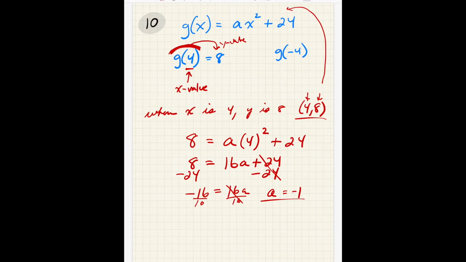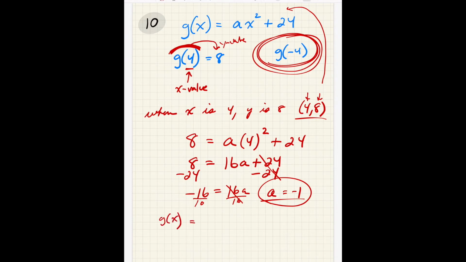Not the answer. They are not asking us to solve for a. They're asking for the value of y when x is negative 4. So at this point, we go, great. I've got a new x value, negative 4, and I finally know what a is. So I'm going to plug it back into the original equation. g of x is equal to, now I know my a value, negative 1, times our new x value that they are asking for, negative 4, squared, plus 24.